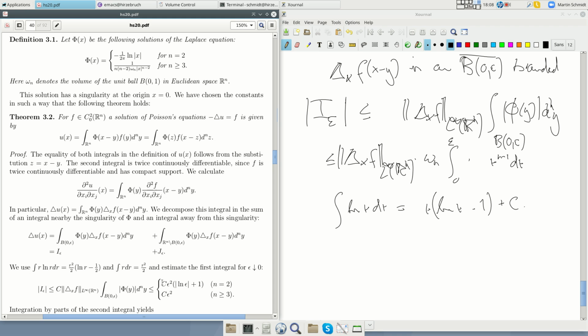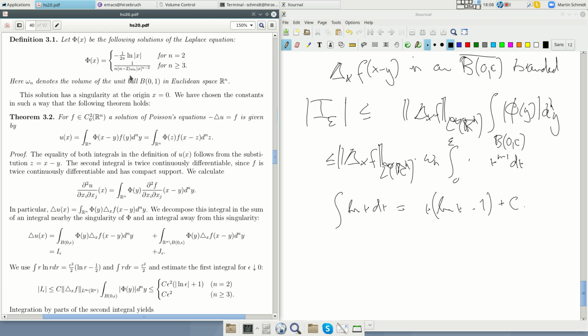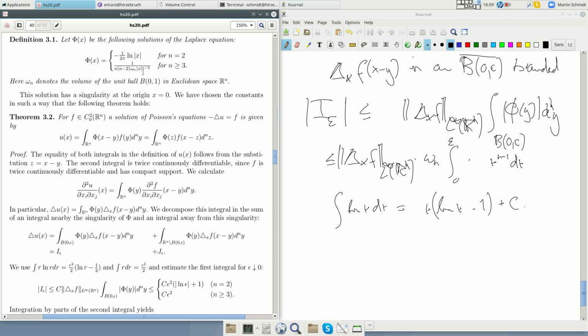And in this other situation, 1 divided by r, here the power is 1 less. So this is correct.